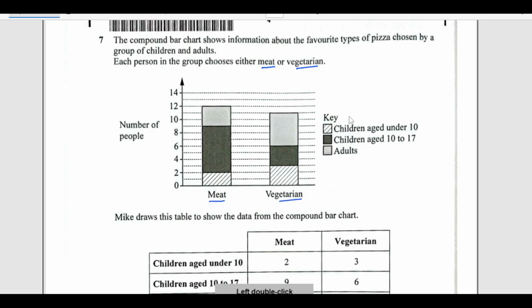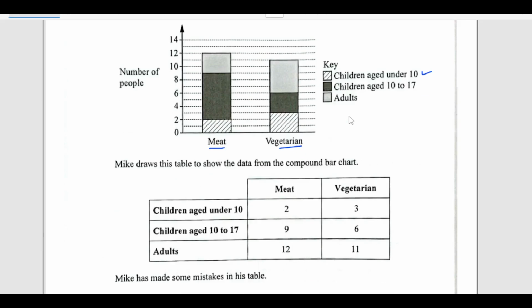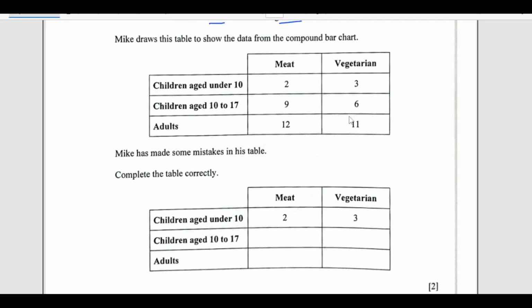This is the key: the lined one is under 10, the dark black is 10 to 17, and the blue grayish is the adults. Mike draws this table to show the data of the compound bar chart. Complete the table correctly. So we need to complete this one here.